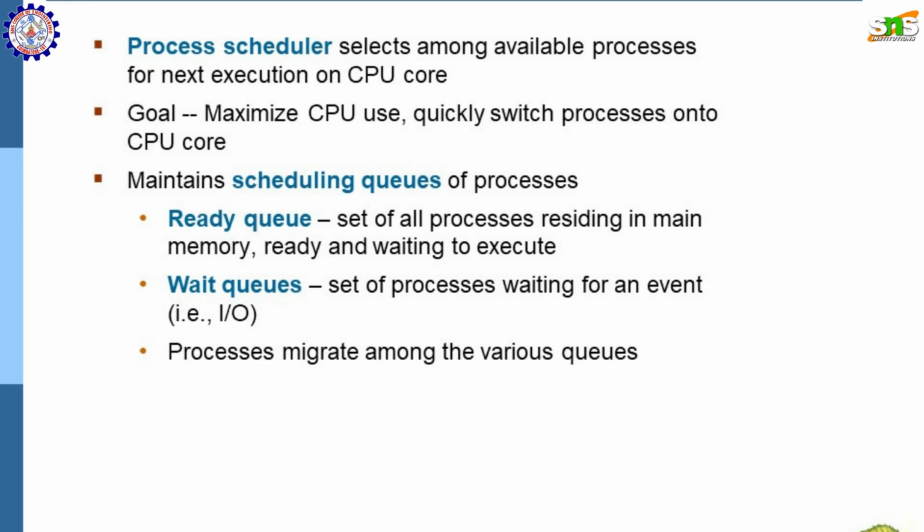In the wait queue, a set of processes are waiting for an event. It can be an input output requirement or anything. Processes migrate among the various queues. So these are the two types of queues process scheduling has: the ready queue and the wait queue.